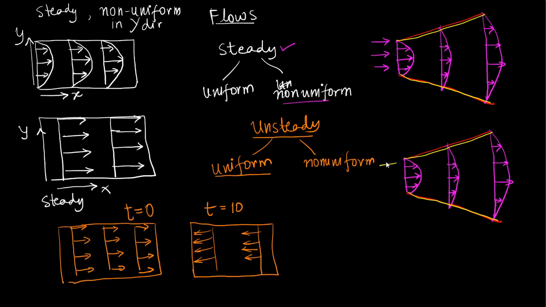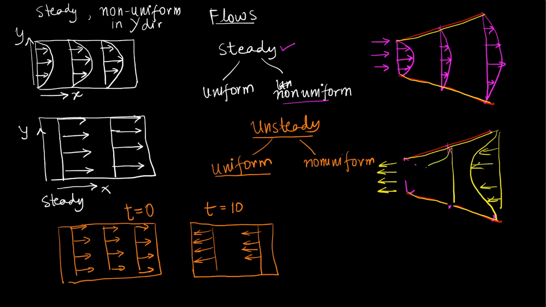I could have a flow something like this, and this would cause an alteration in the flow. The flow would no longer point from left to right, but would in fact point from right to left. The flow would be something like this. So the flow is both non-uniform in space and unsteady in time.